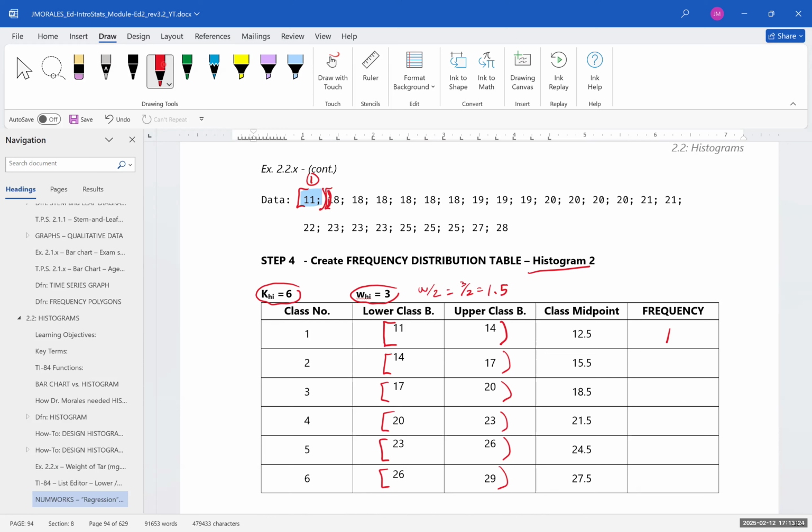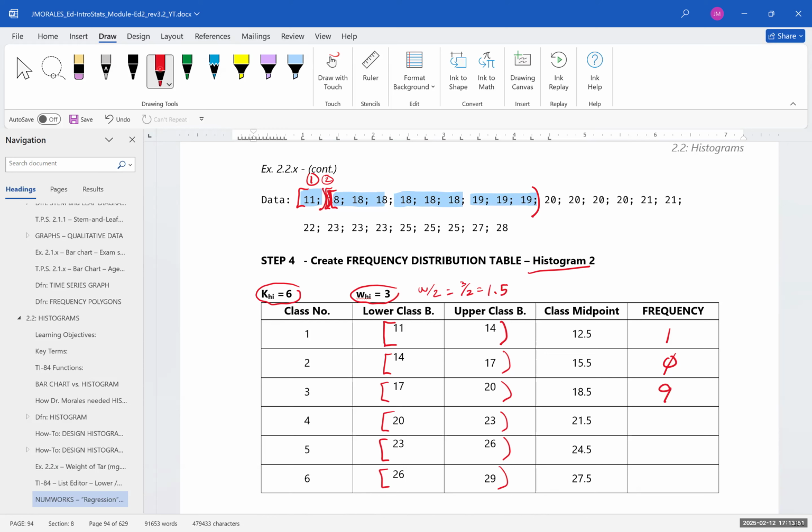So that's right there, and there are actually 0 datums between 14 and 17. Then from 17 to 20, not including 20, that would be right there. We've got 1, 2, 3, 4, 5, 6, 7, 8, 9.